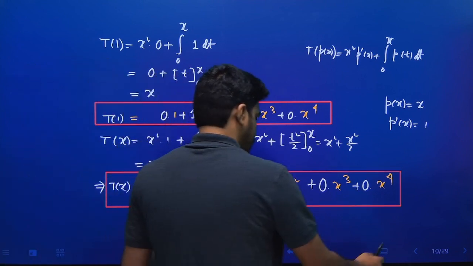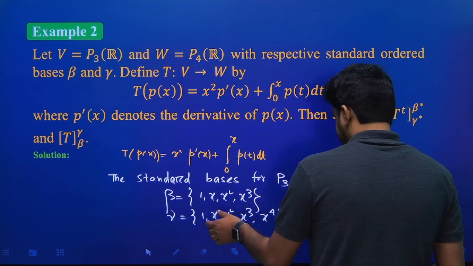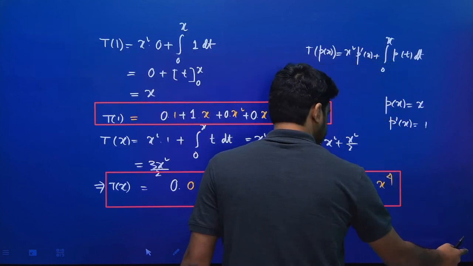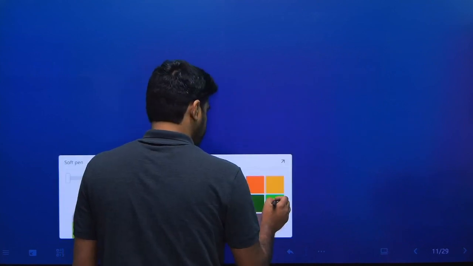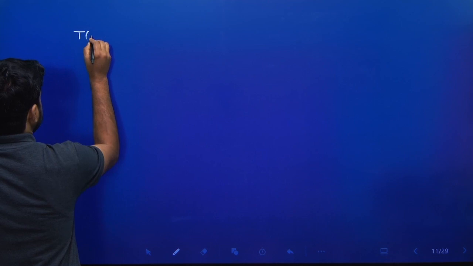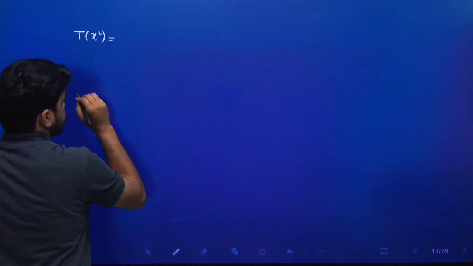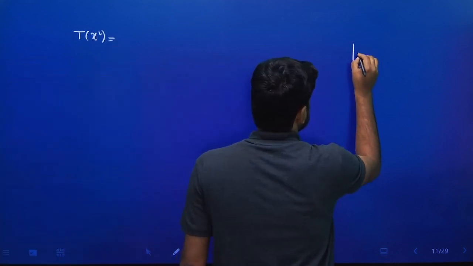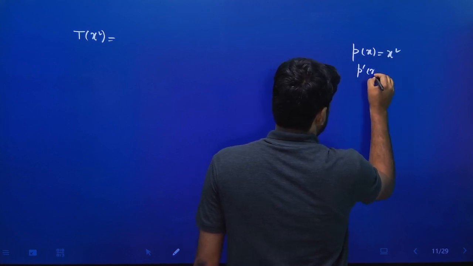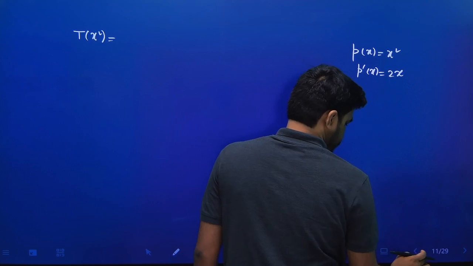Next, we express T of x square as a linear combination of 1, x, x square, x cube, x to the power 4, right? For T of x square, the polynomial p(x) is x square, so p dash x will be 2x.